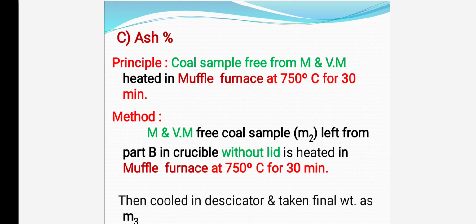The rest is again the same. After 30 minutes, cool it in a desiccator and take the final weight as m3 gram. So every time, for moisture, volatile matter and ash, we have to cool in a desiccator, and only then are you free to take the weight.